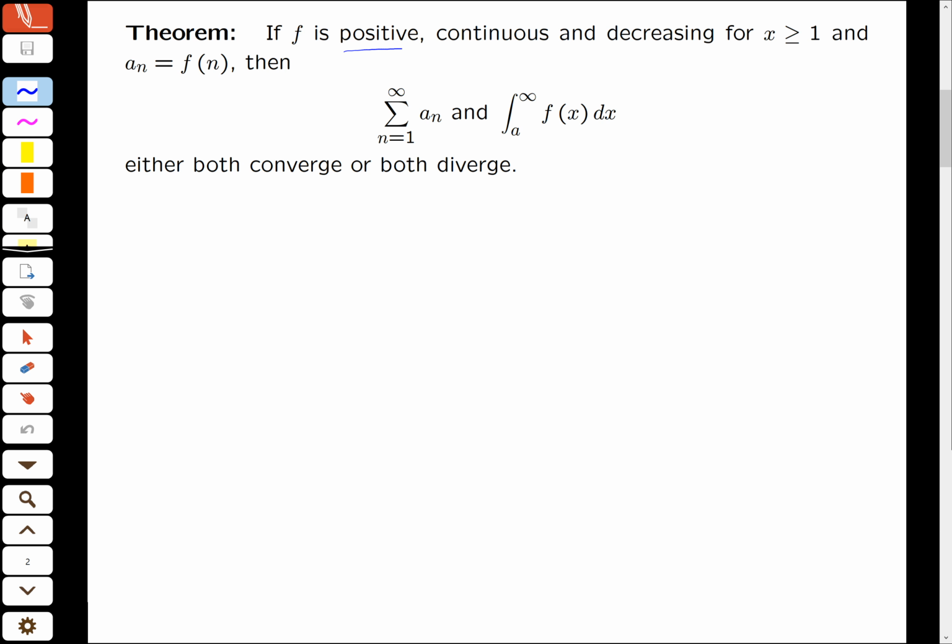Notice it says positive, continuous, and decreasing. Positive means it's living above your x-axis, so you have maybe something like this. Continuous means no jumps, and decreasing means that its limit has to be headed down towards 0.